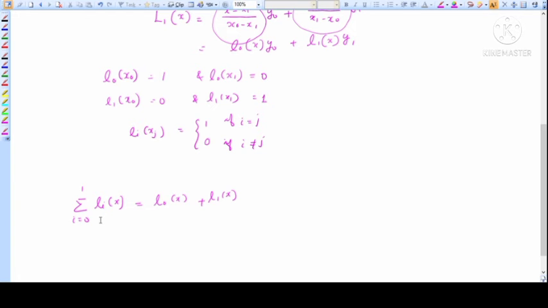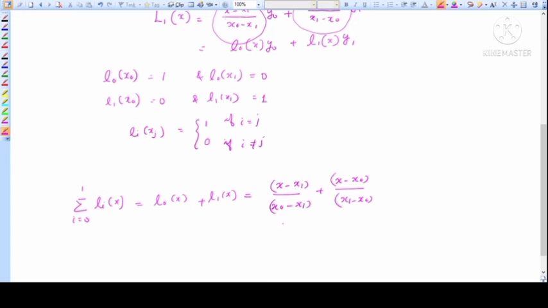It is just L0 of x plus L1 of x, which is x minus x1 divided by x0 minus x1 plus x minus x0 divided by x1 minus x0.